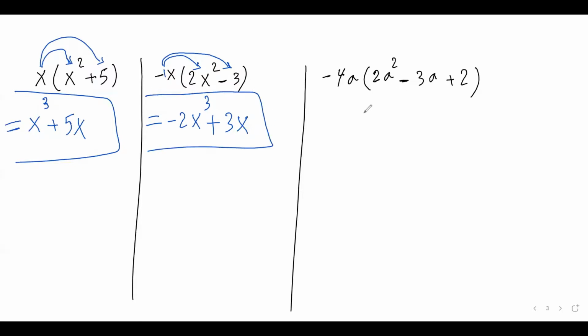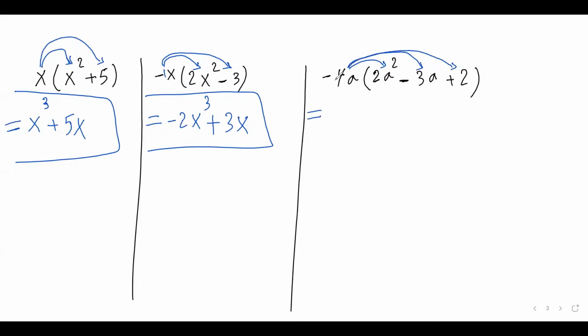How about this one? Negative 4a bracket 2a squared minus 3a plus 2. Again, we have to distribute this term into the bracket. So I have to multiply negative 4a by the first term, multiply it by the second term, and then multiply it by the third term.